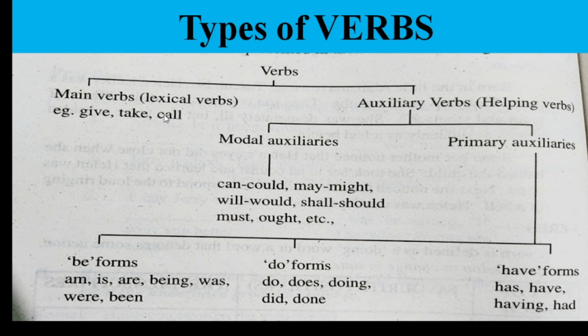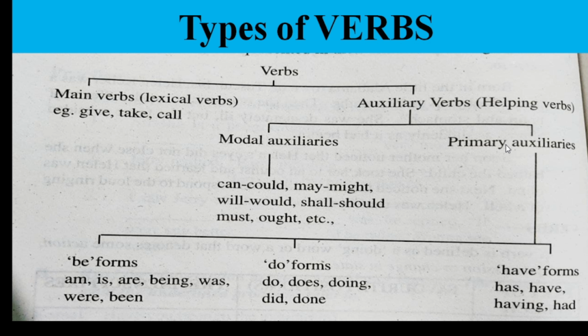We know that in English structure, after the subject we keep the verb. So these are the main verbs. Now coming to the second category, auxiliary verbs, also called helping verbs. Auxiliary verbs are again subdivided into two types: modal auxiliaries, and primary auxiliaries.